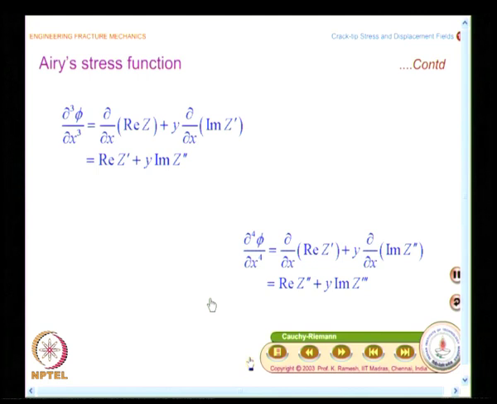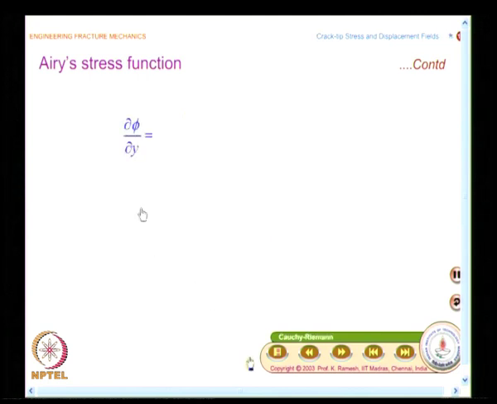So, now we move on to find the differential with respect to y. We want to get dou phi by dou y. You have to bring in all your understanding of your chain rule and all that. Many times if you do not use the mathematical approaches, you tend to forget, because I have the function as y imaginary part of something is coming.